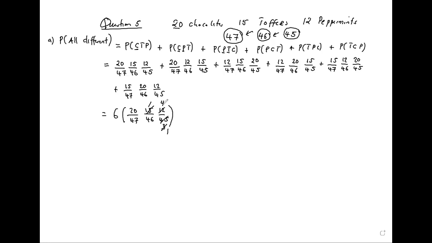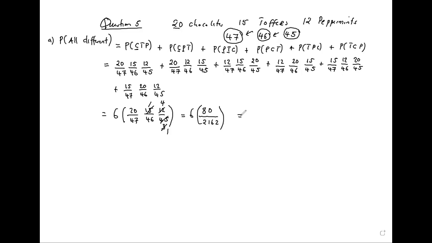Then now we multiply. So 20 times 4, you get 80, over 47 times 46. You get 2162. Then I multiply by 6 outside.